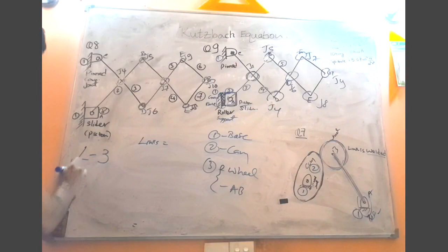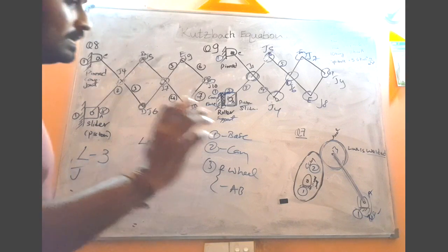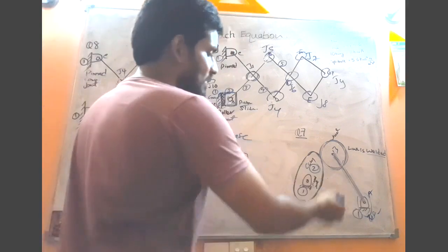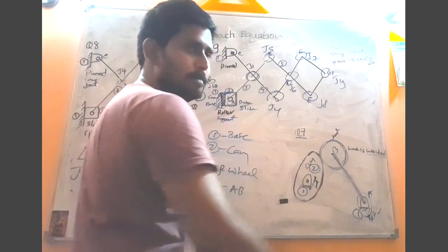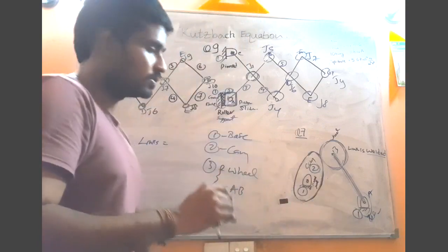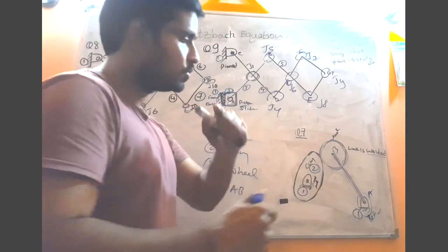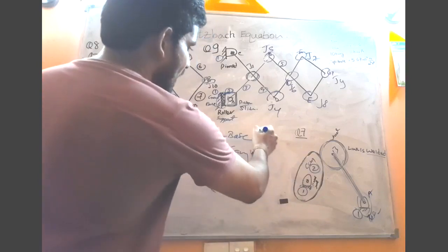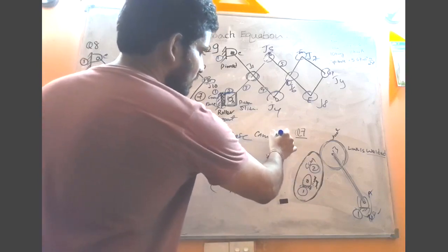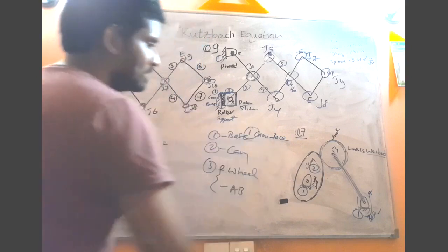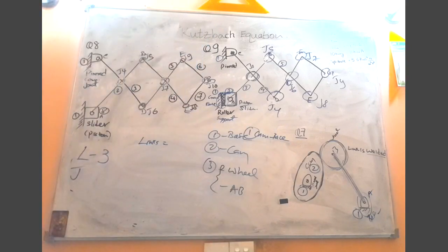Then the number of joints, right? One joint is the joint that connects the cam to the base. That is one joint because of this pinned connection. What is the second joint?